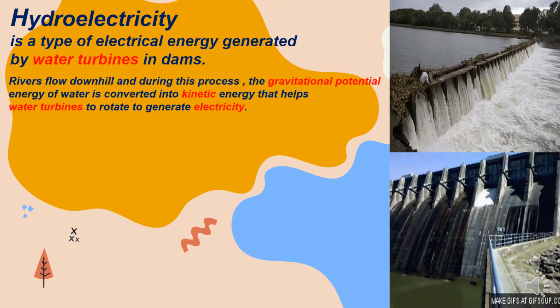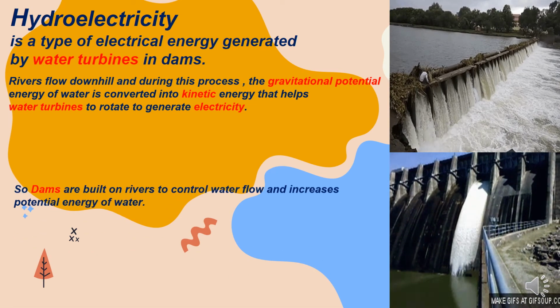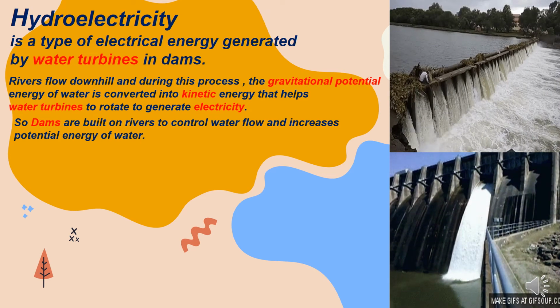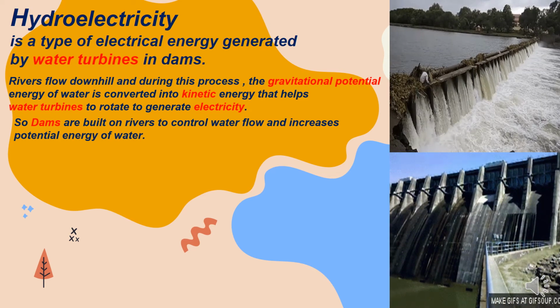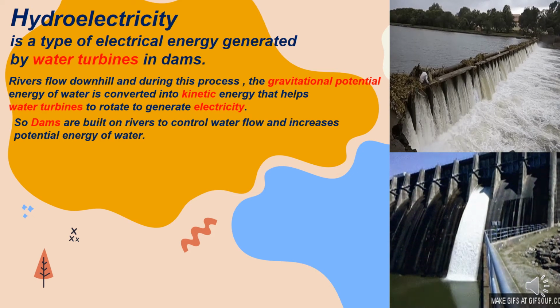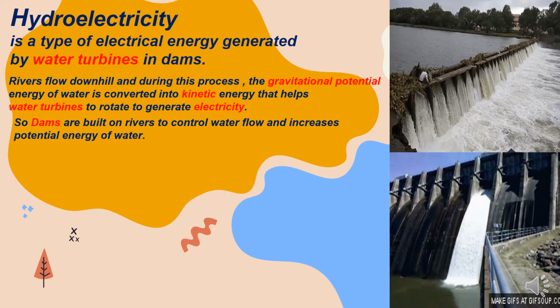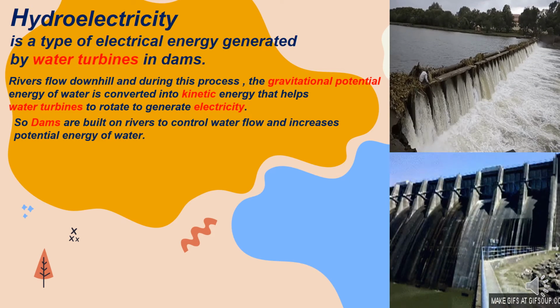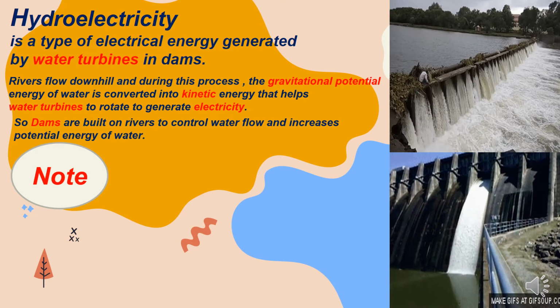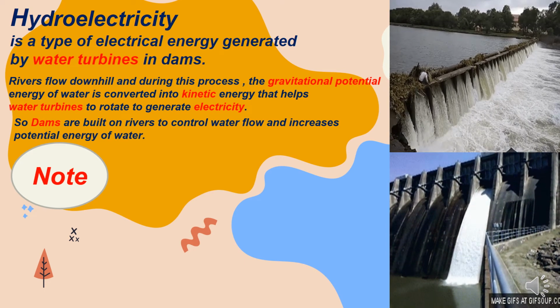When the river flows downhill, the gravitational potential energy of the water is converted into kinetic energy, which helps in the rotation of water turbines to generate electricity. So this is why dams are built on rivers, grade 4, to control the water flow and to increase the potential energy of water.